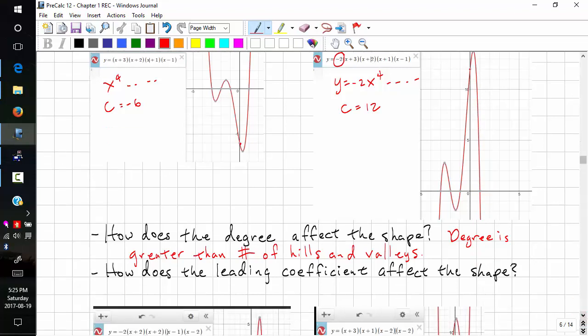So we can write that, very generally, concave up means positive, and concave down means negative.